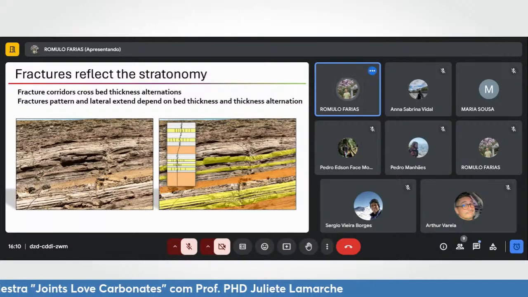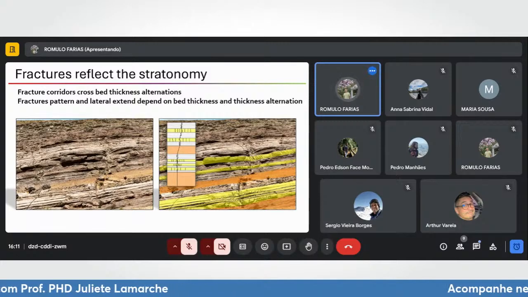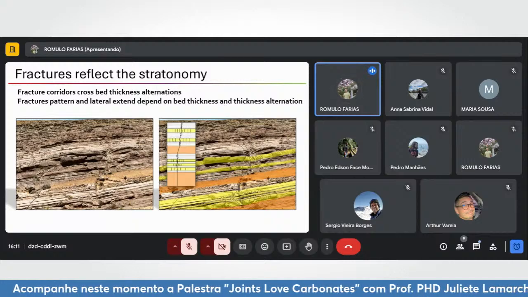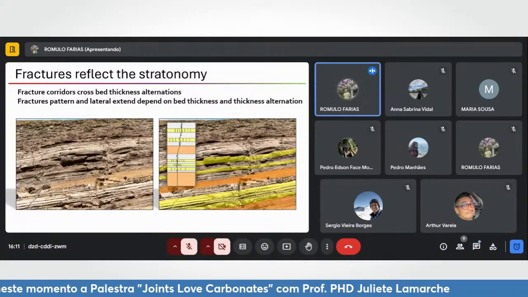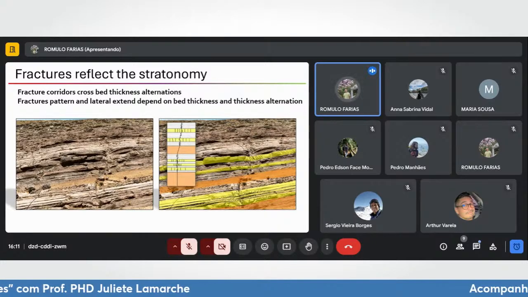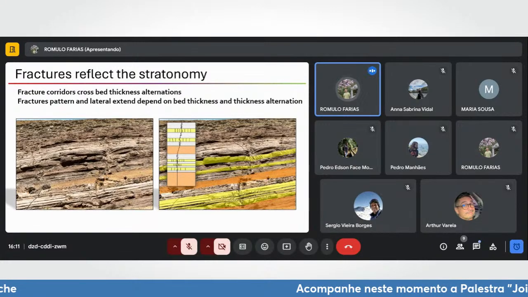And here, the area of the corridor is very small, sometimes only one fracture. But I've not done specific sampling for grain size or diagenesis. That might be very interesting to compare with diagenesis and grain size and maybe porosity and other things like this. That was not the goal.